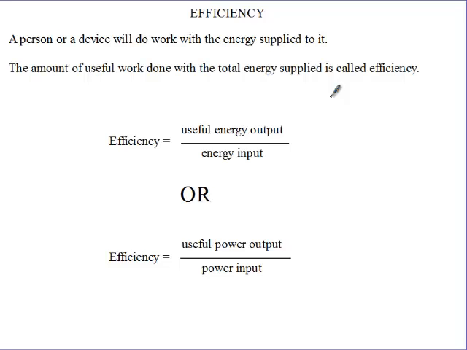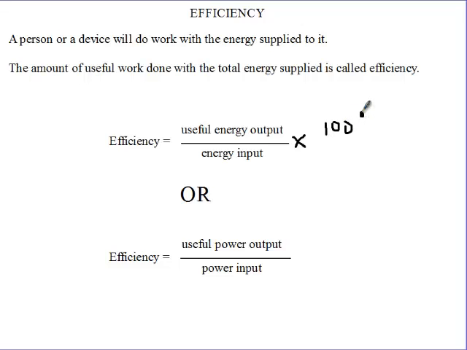Efficiency is equal to useful energy output over energy input. This will give us an answer in a fraction or a decimal. If we want our answer in a percentage, we just multiply this by 100%.